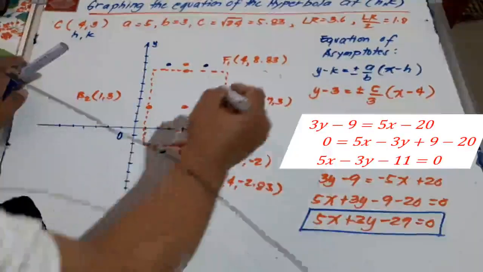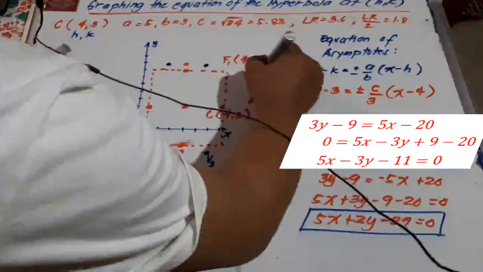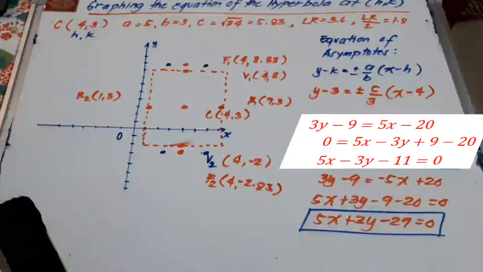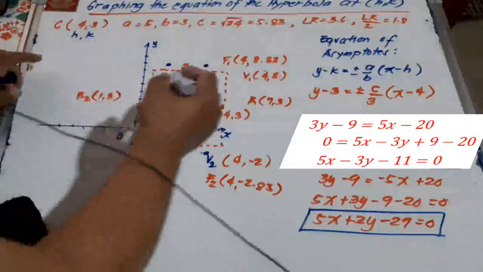Okay. So, ito yung B sub 1 natin. 4, 8. Okay. Now, so nandito yung ating hyperbola.